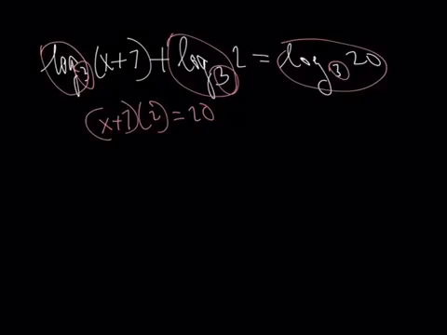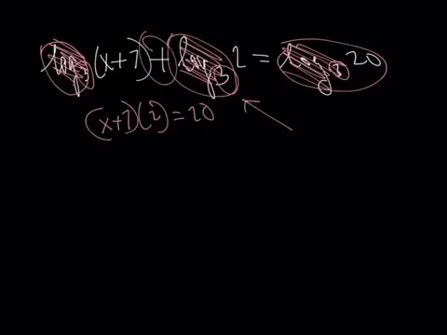Okay? So basically what I'm saying here is when the logs are in all of the terms and they have the same base, just cross them all out and you get x plus 7 times, because of the plus sign here, times 2 equals 20. Don't forget that plus means multiply, minus means divide.